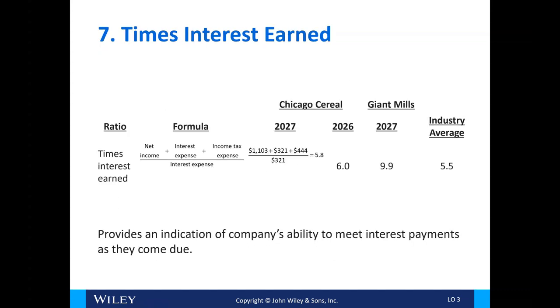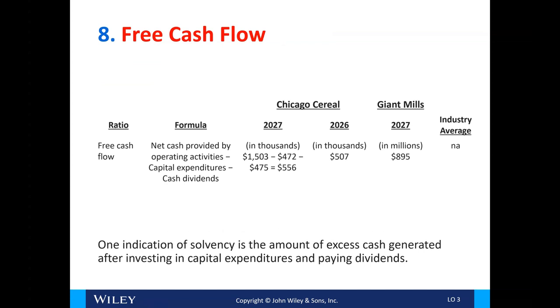And then some of these are free cash flow. Again, we talked about that before. You should know that. Let's see, they have 556, and the average is not applicable. So their number improved over 2026, not as much as General Mills, but General Mills could be a bigger company.